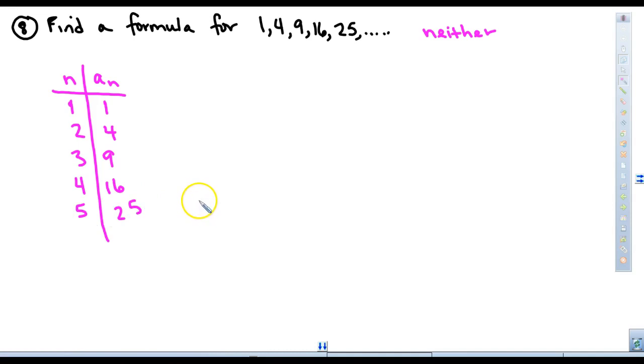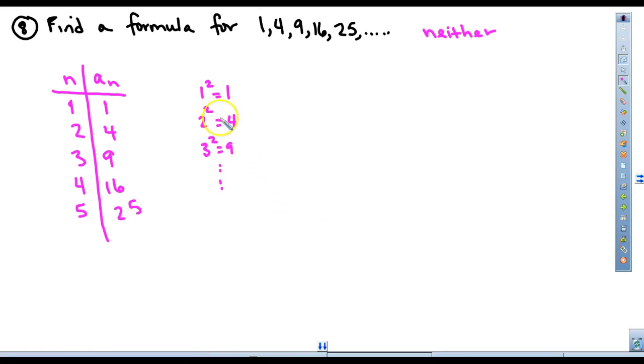So you're asking yourself, how does this n relate to what I get for a sub n? If you look at these numbers and you square them, then you actually get these numbers. 1 squared is 1, 2 squared is 4, 3 squared is 9, and so on.